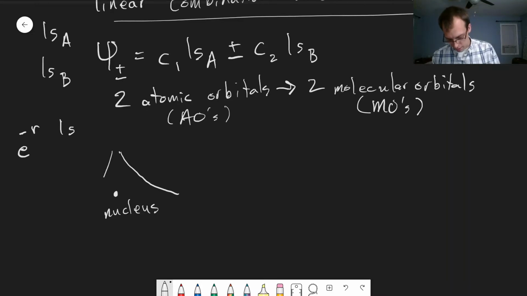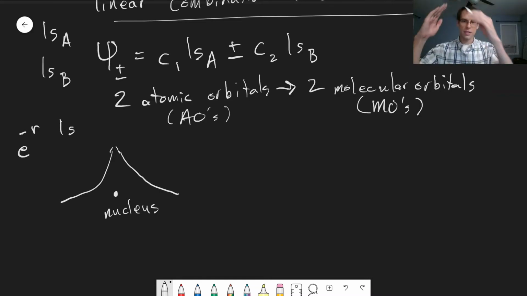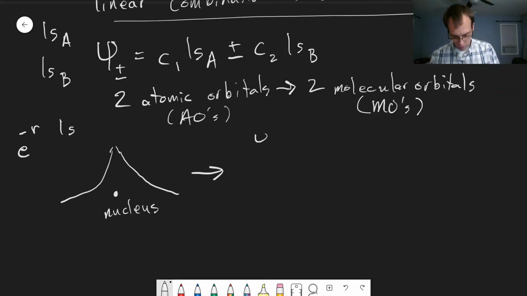Because r can never be negative, it always increases, we get a shape like this in terms of r. Of course, this is spherically symmetric, but it goes to a maximum, not really well defined at the nucleus, and decreases exponentially from there.